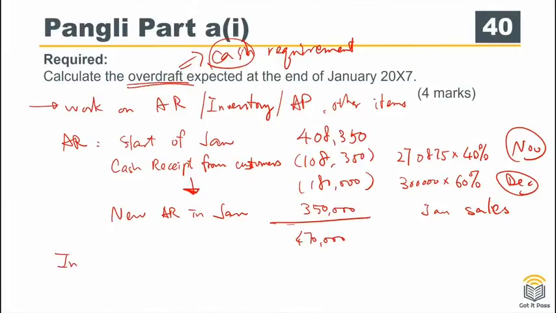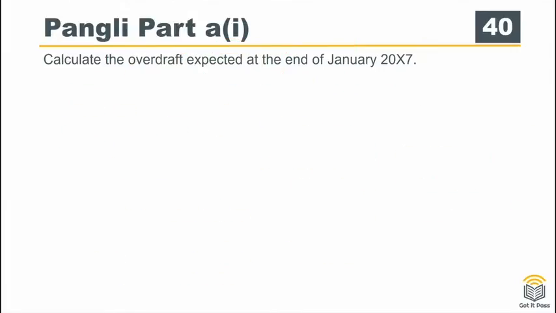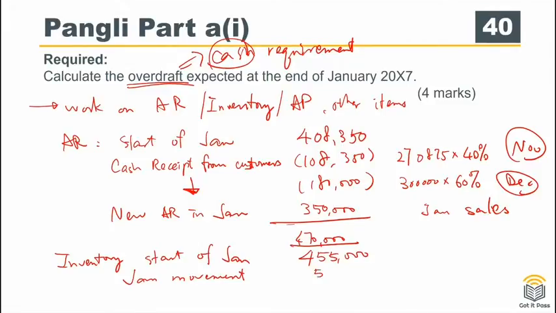For the inventory, it's a bit easier because it gives you the balance at the start of January, which is 455,000. The change in inventory during January, the question has already provided: 52,250.